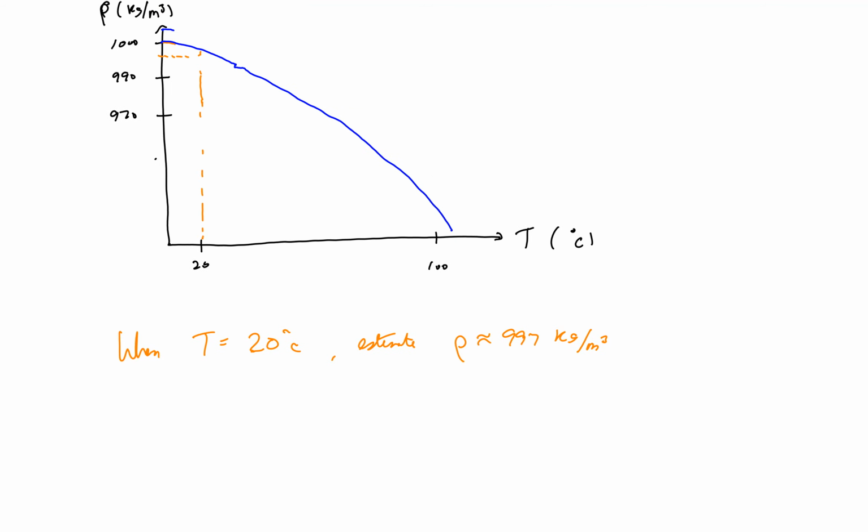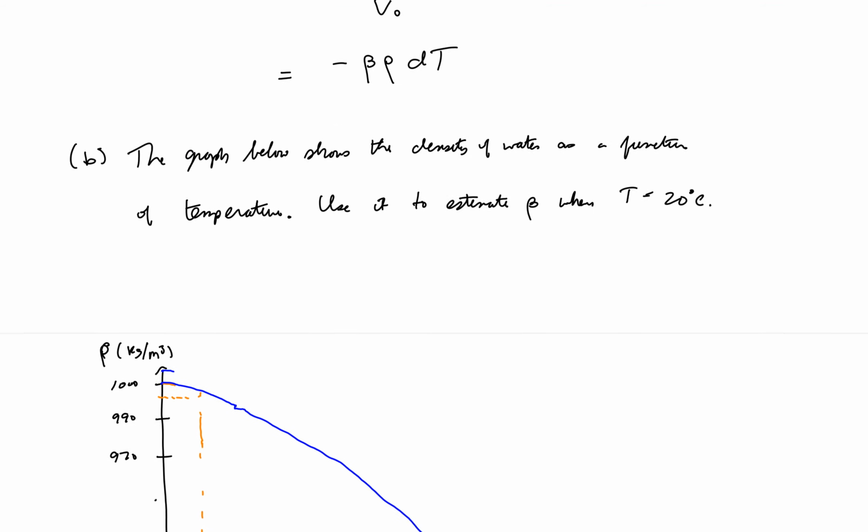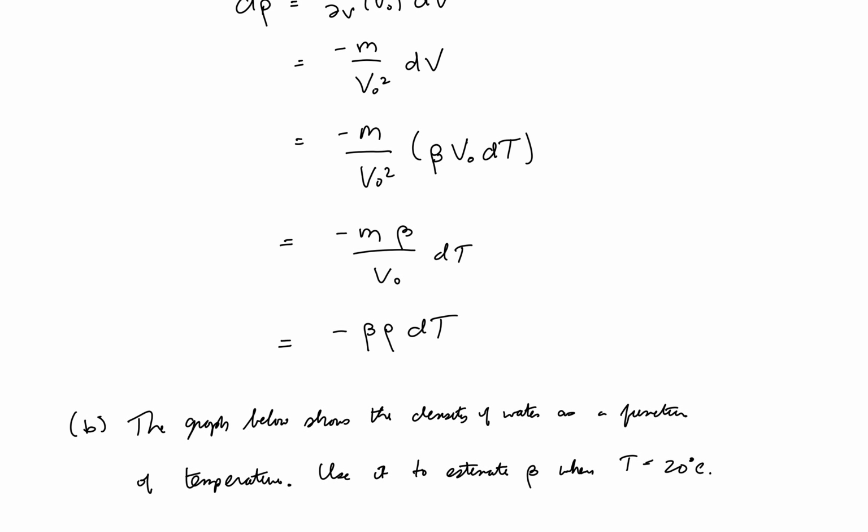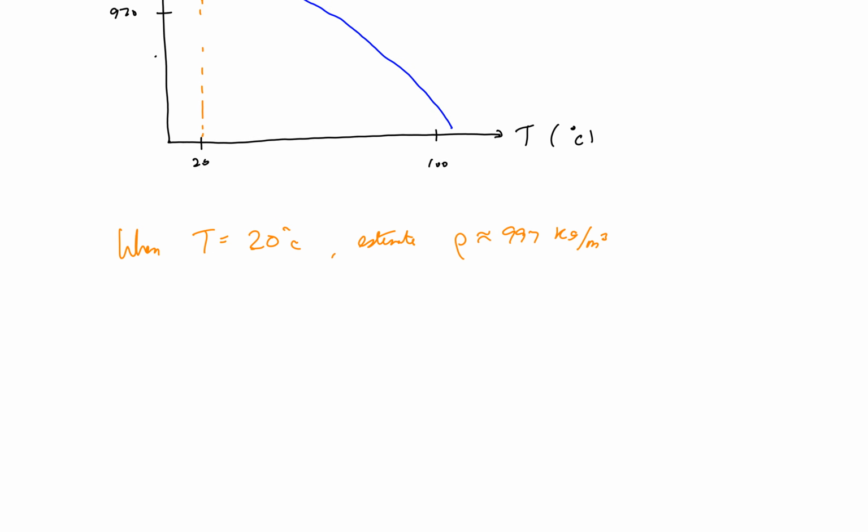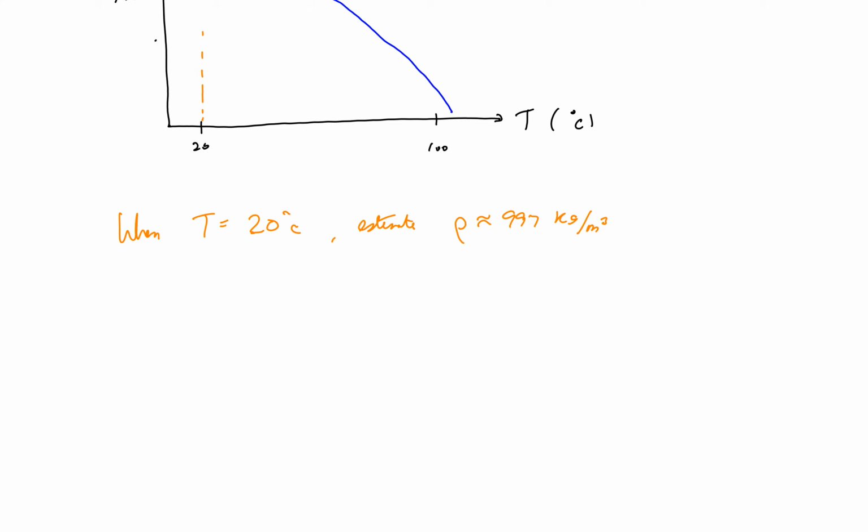And now from part A, we had this formula here for d rho in terms of beta and dT. So if we solve that for beta, we can say this is negative d rho over rho dT.